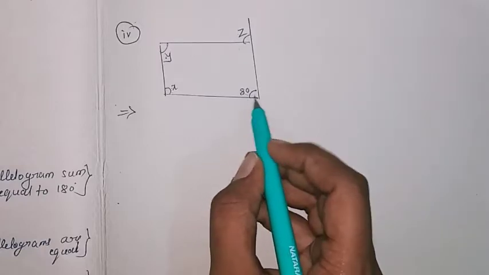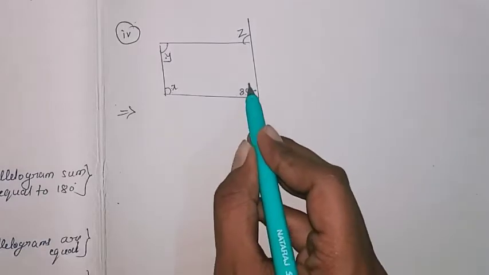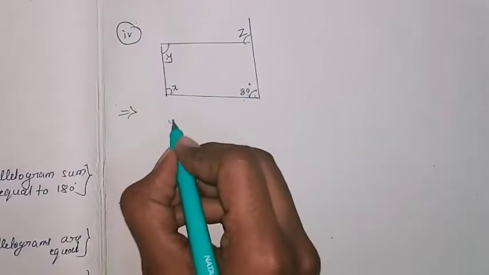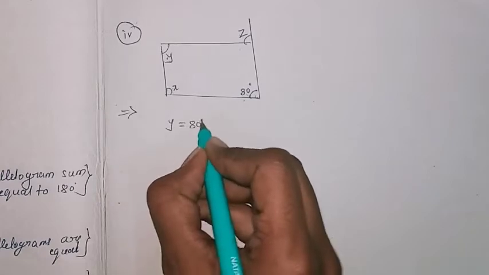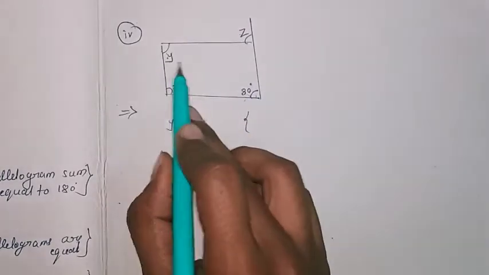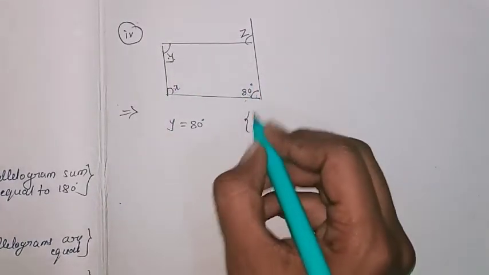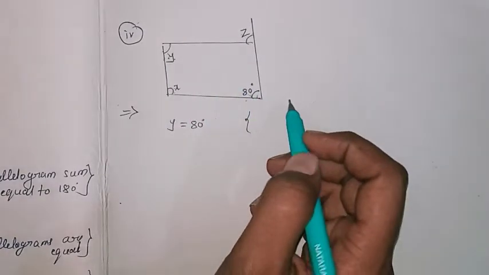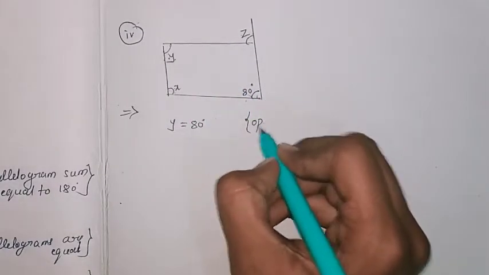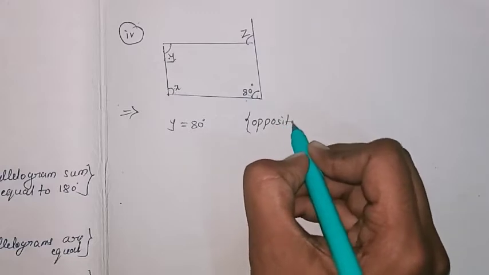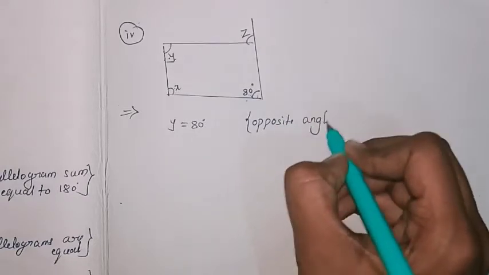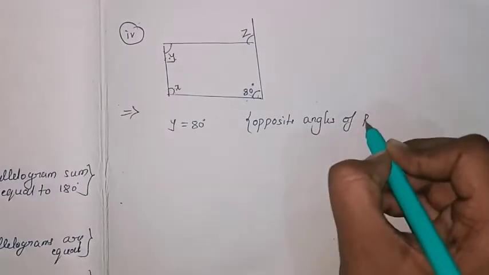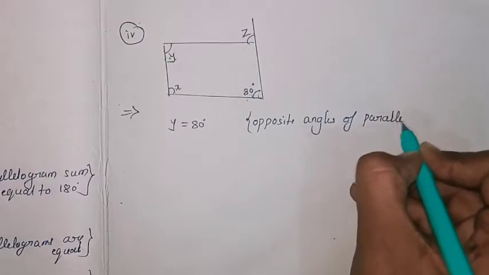So what I will follow first: as it is 80 degrees, I will directly write y is equal to 80 degrees, because we know that the opposite angles in a parallelogram are always equal. That reason you have to write: opposite angles of a parallelogram are equal.